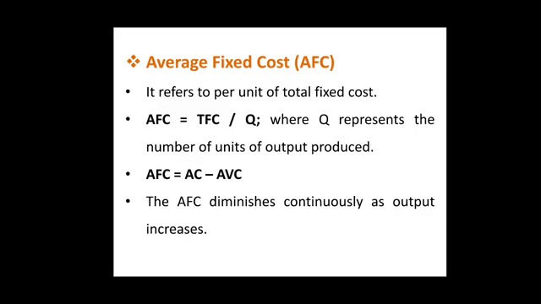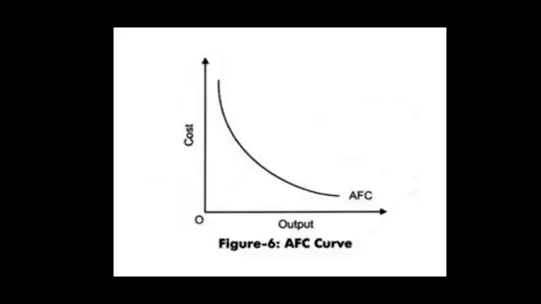So, when constant total fixed costs are divided by a continuously increasing unit of output, the result is continuously diminishing average fixed costs. Thus, the average fixed cost curve is a downward sloping curve which approaches the quantity axis without touching it, as shown in the figure given here.